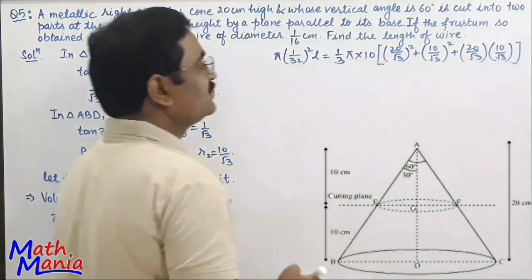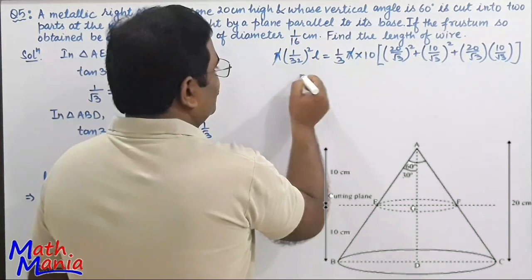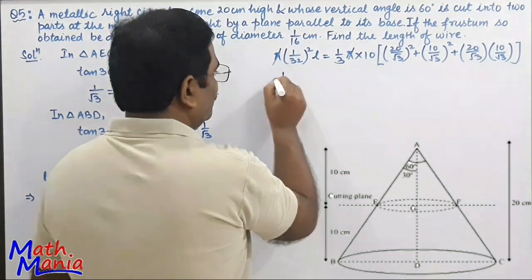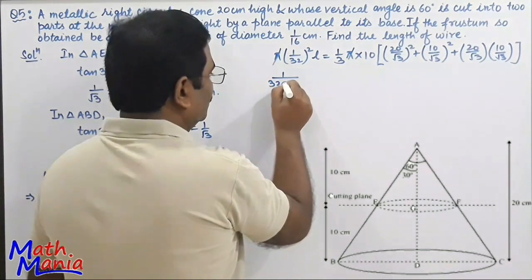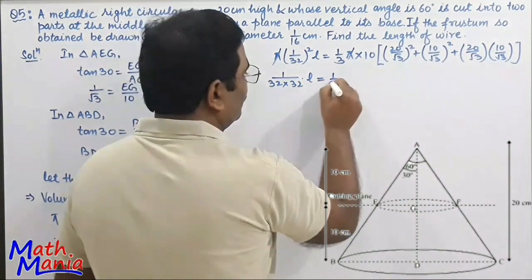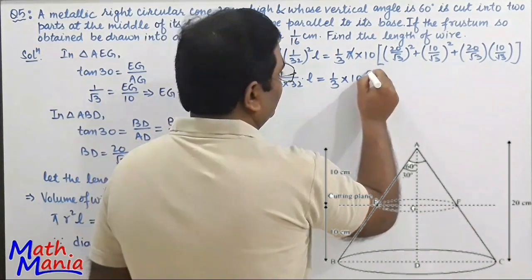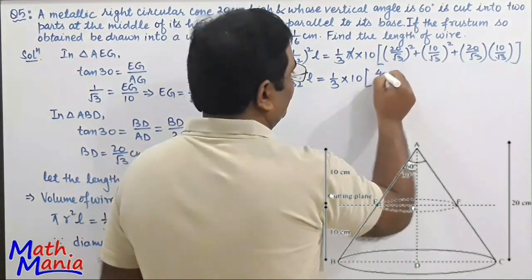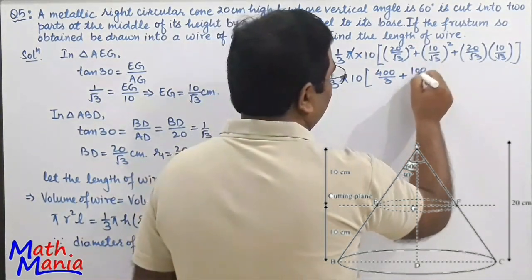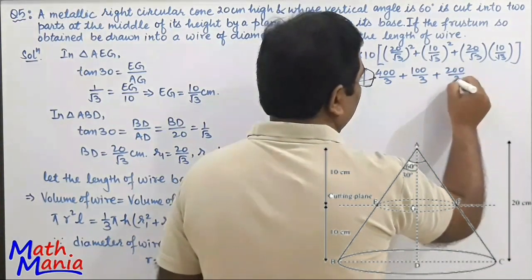So let us solve it. Pi is cancelled from both sides. So 1 upon 32 square multiplied by length is equal to 1 upon 3 multiplied by 10 into 400 upon 3 plus 100 upon 3 plus 200 upon 3.